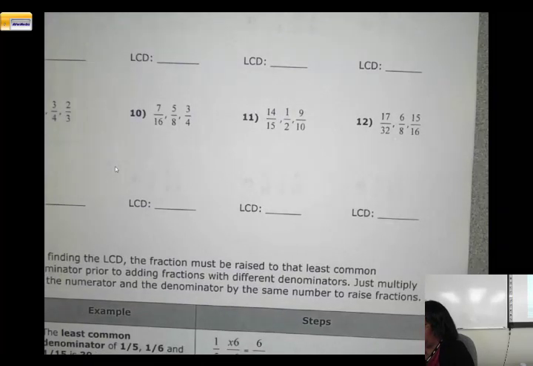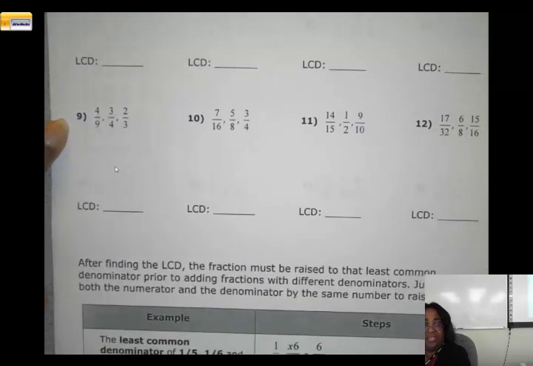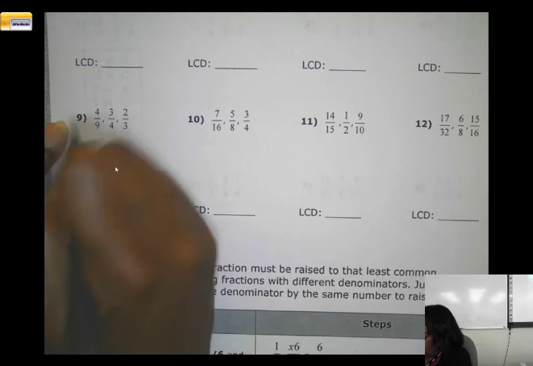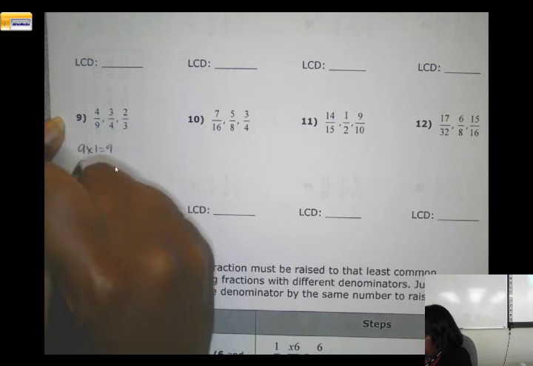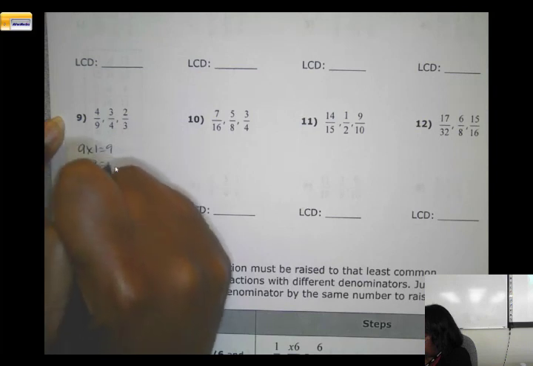Let's do number 9. What is the LCD? Just take the largest one, which is 9. So 9 times 1 is 9. 9 times 2 is 18.